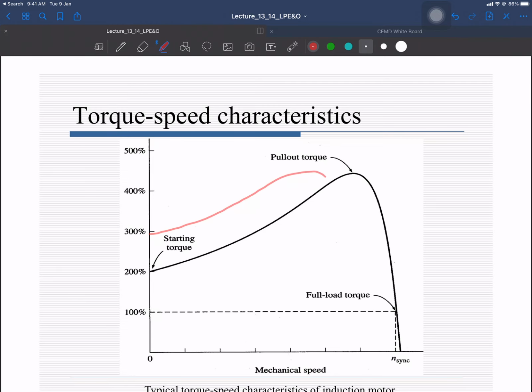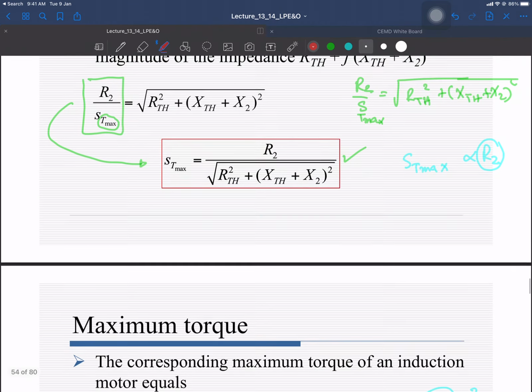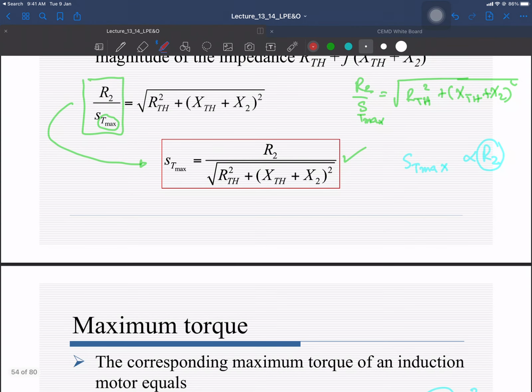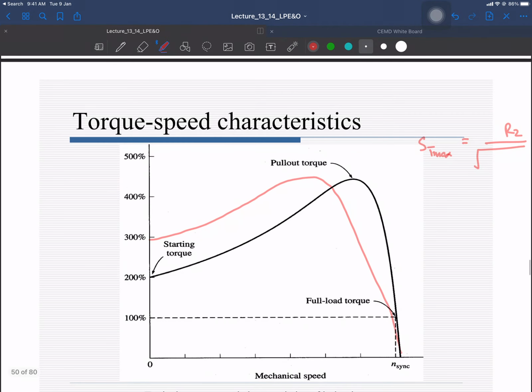The new torque speed curve will be like this, because we know that S_Tmax is equal to R2 divided by, what was that equation? The square root of R Thevenin square plus (X Thevenin plus X2) whole square, and all of this is under the root, right?